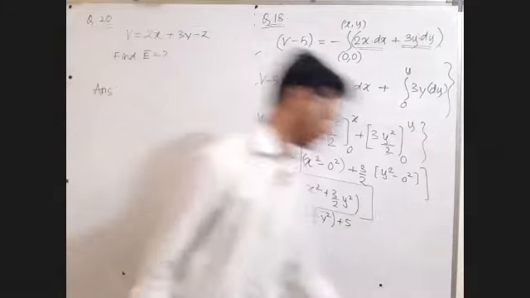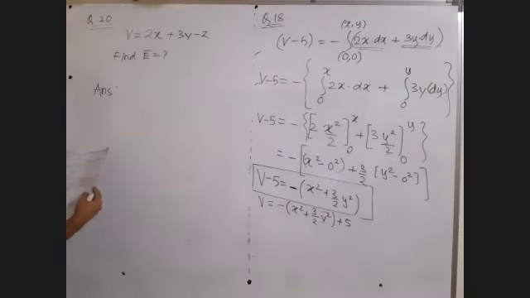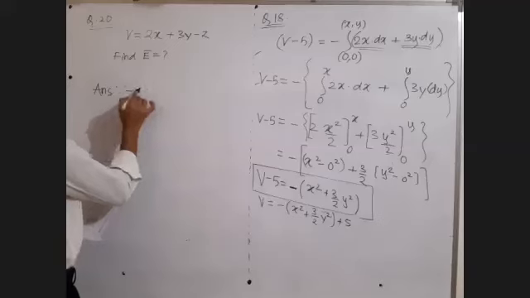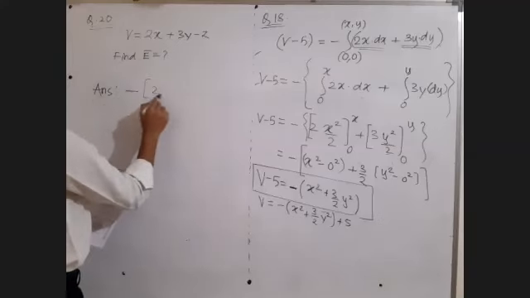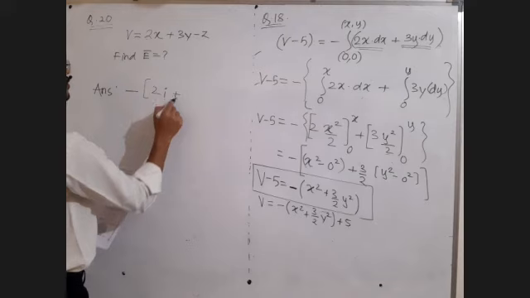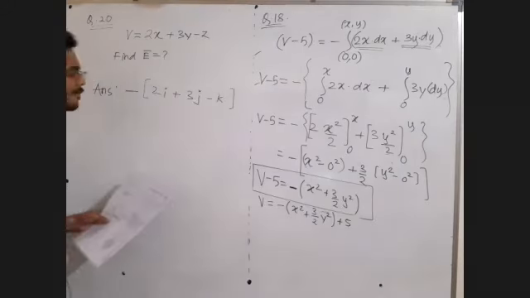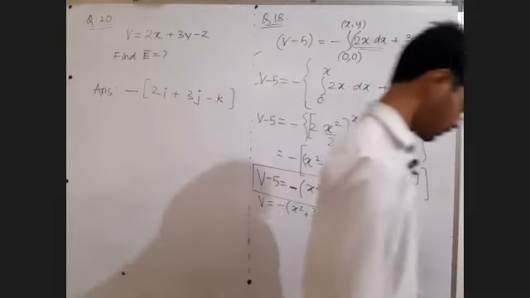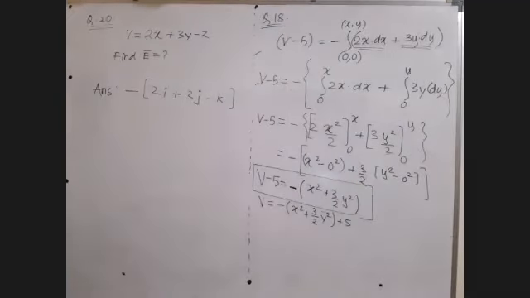Answer should be, they have written the answer. Negative derivative with respect to, check if you get the same or not. Answer should be this. Do all the necessary steps.